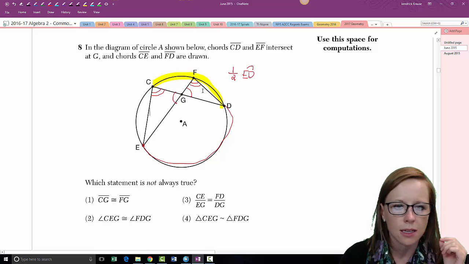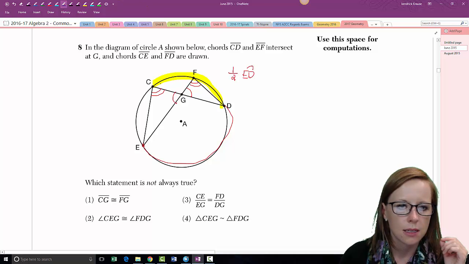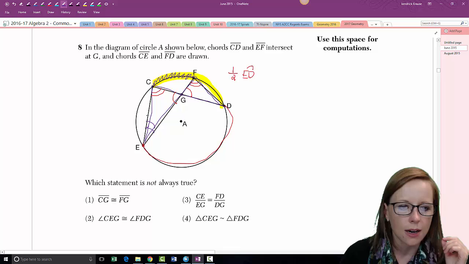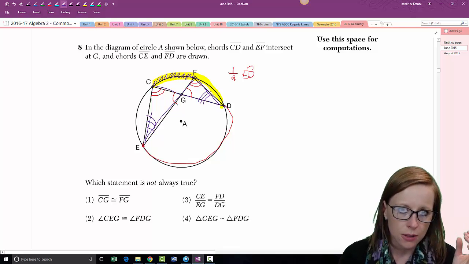Oh, goodness gracious. Let's get just a new pen. Okay. C to F, this arc, is held by CDF and it's also held by FEC. So that means angle E here and angle D here are also congruent because they're half of the arc. So I have all congruent angles.